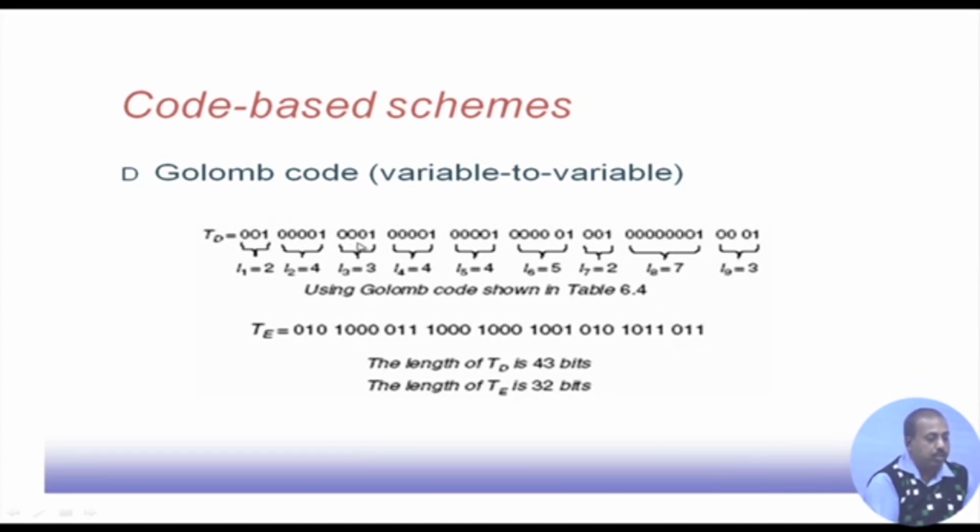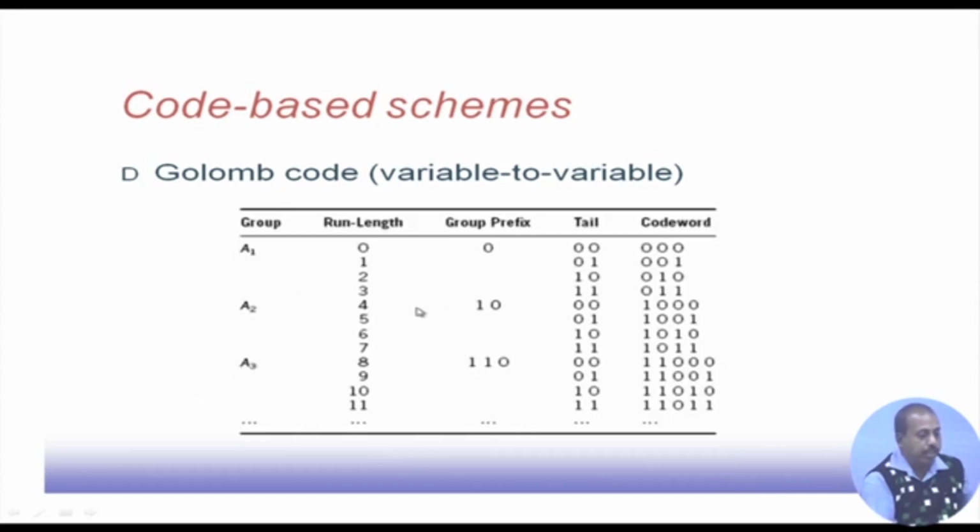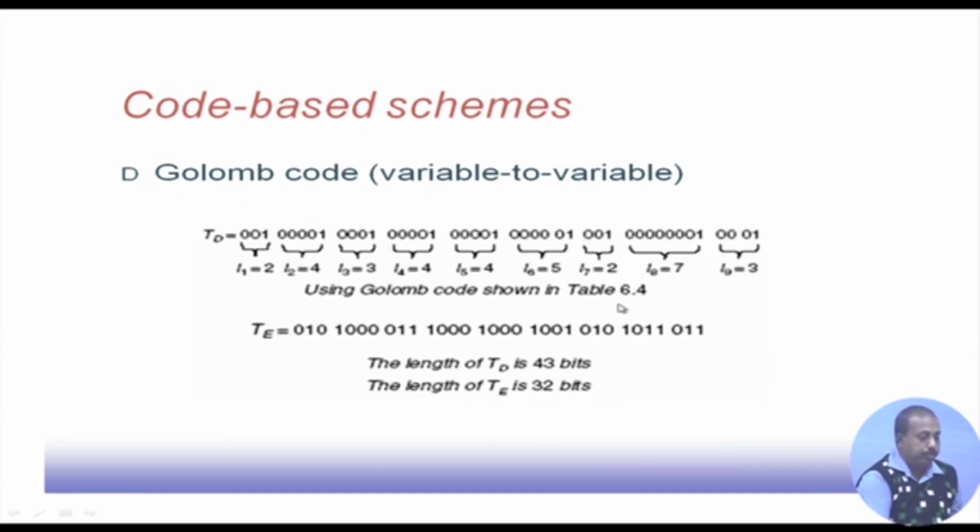Similarly, this one is a run length of 3, which is again coded as 0, 1, 1. By consulting this table, we can get the corresponding code words, and those code words will be used here for coding. So, this original TD had 43 bits.